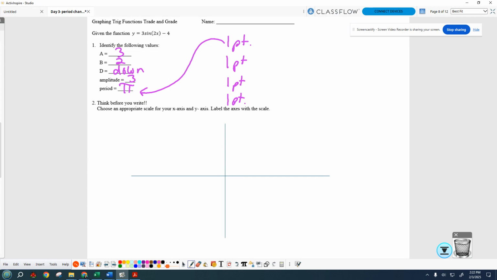You get 1 point for knowing that this graph is going to go 0 to pi. Okay? So the next point. Getting the period right is a point. The next point is writing the scale on your graph.